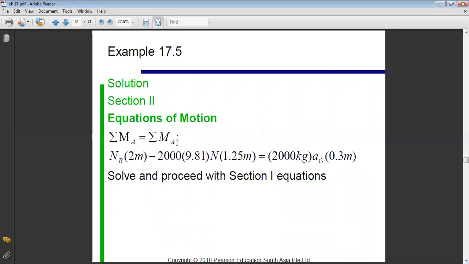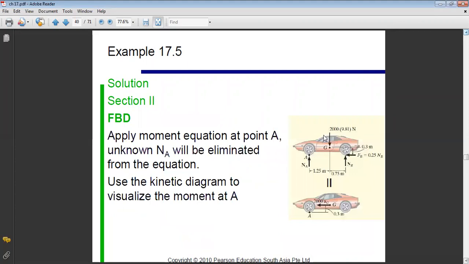here they consider sum of moments about A, but I will do it for you about B because it's easier. If I do sum of moments about B, it is not equal to 0 anymore. It's equal to the moment of vector MAG about B. Looking at my figure, this is vector MAG.